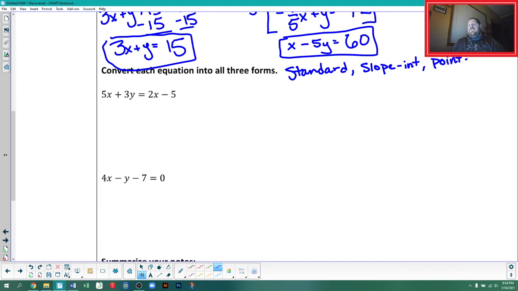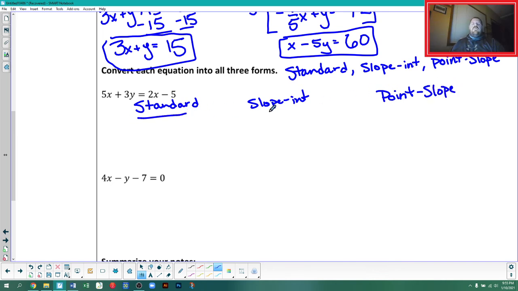So here we will be doing a little work to put it into point-slope form. Okay, let's start with standard. Then move to slope-intercept, I don't know why I'm writing this twice. I just didn't write those ones in the right spot. And then finally point slope. That one will be the harder one.